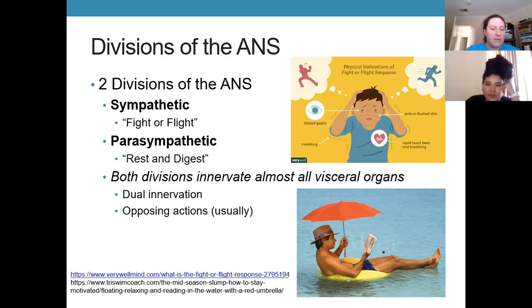But those are just very short, catchy things that don't really encompass all that they do. But if it helps you kind of remember overall what these two divisions do, then by all means remember it. Now, both divisions innervate almost all of the effectors of the system. So we call that dual innervation, and they almost always have opposing actions, although there are some exceptions, and we'll touch on one of them later.